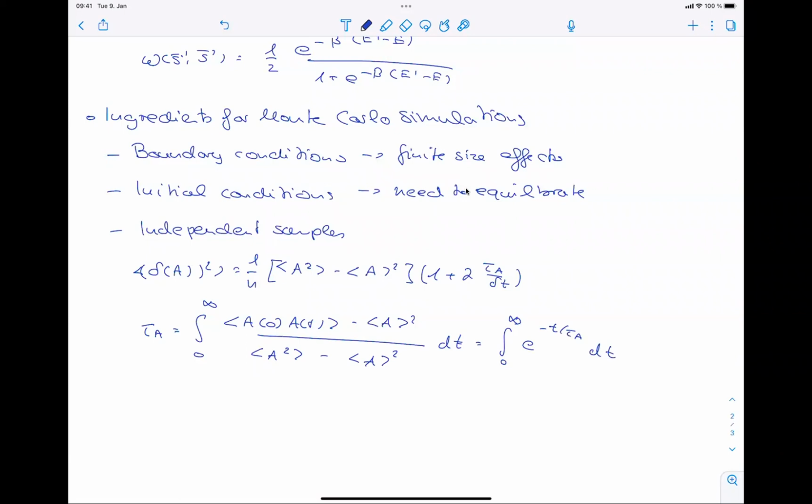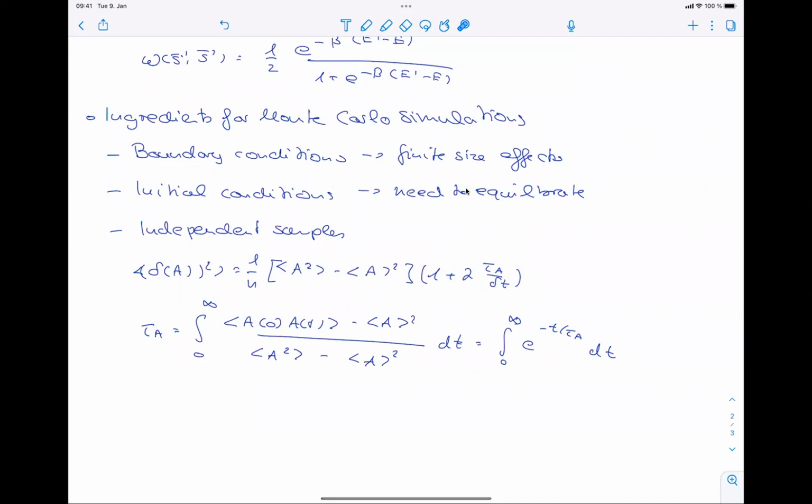an exponentially decaying correlation where T_A is the correlation time. So what this means is that what I can vary in my simulation is the time delta t at which I draw my samples. If I draw my samples at longer and longer intervals, bigger than the correlation time, then this factor goes to 0, and I'm just left with my normal statistical error.